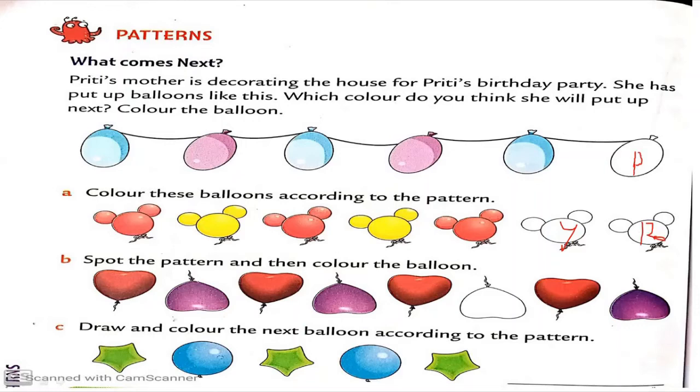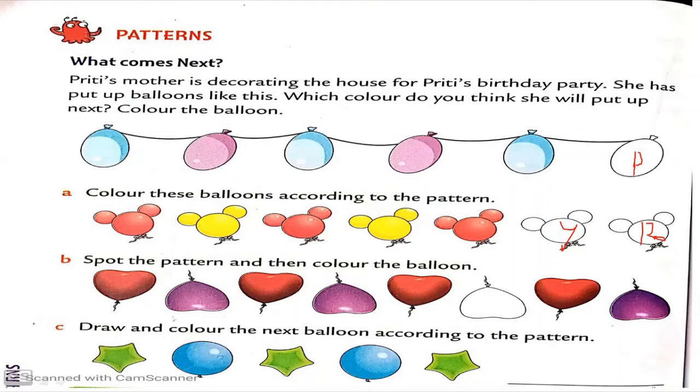Okay. Now spot the pattern and then color the balloon. Look, this is an upside balloon, downside, up, down, up and downside. What is the color of the downside balloon? Maroon color. Okay. So we have to color it with maroon color. Now draw and color the next balloon according to the pattern.